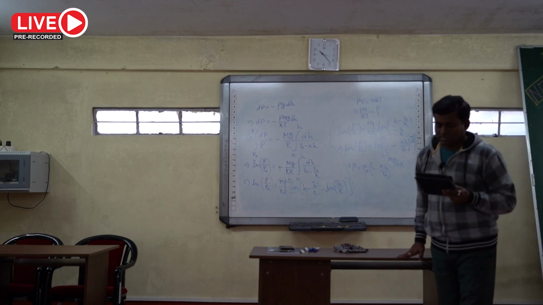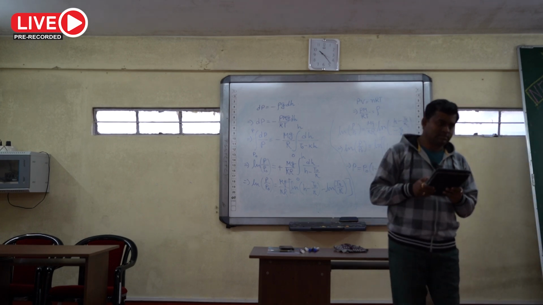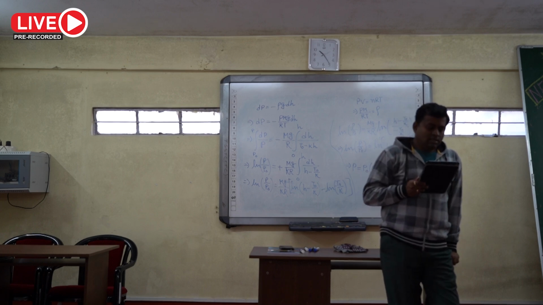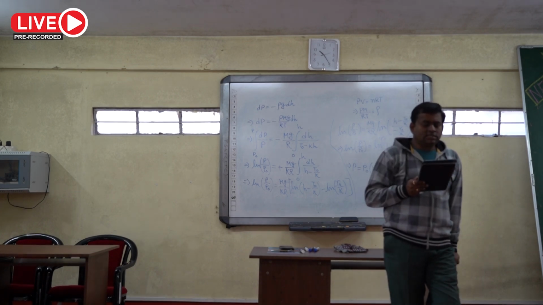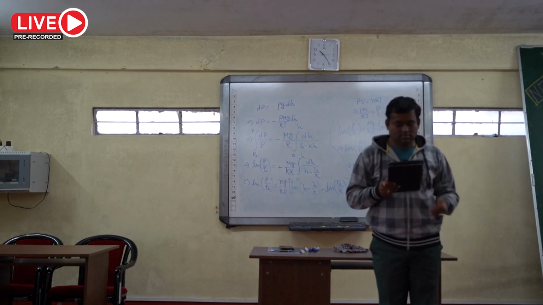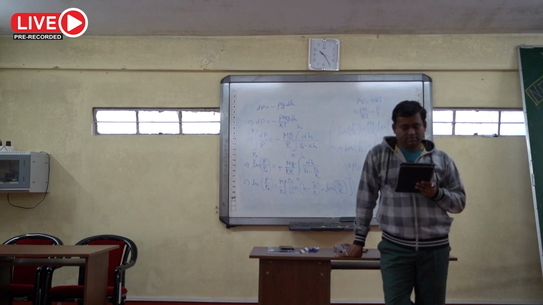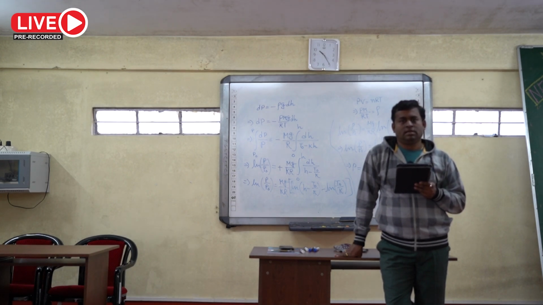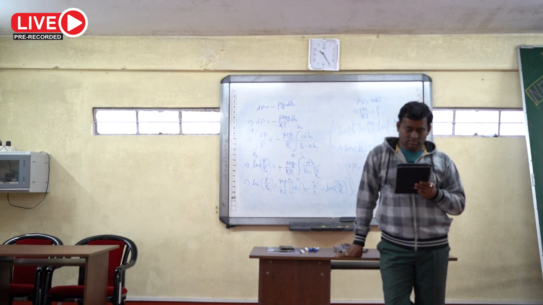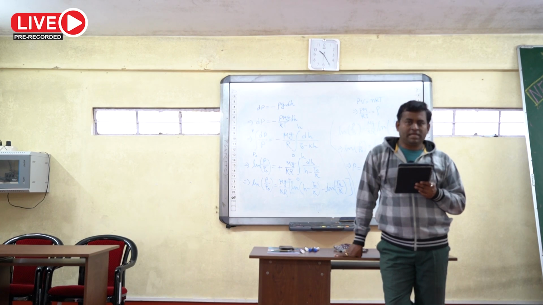Okay, write down the new topic, electrostatics. The electric field due to a charge at a distance of 3 meter from it is 500 Newton per coulomb.